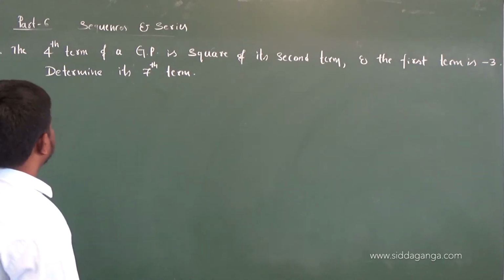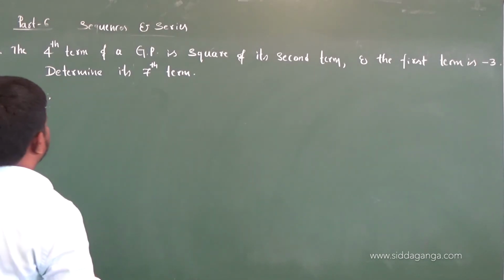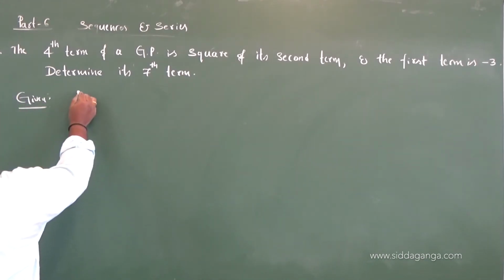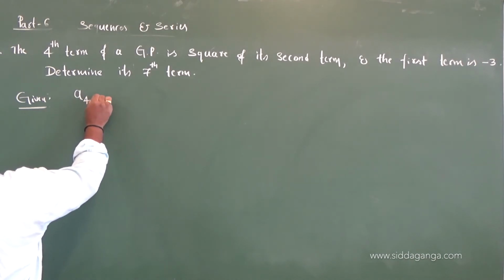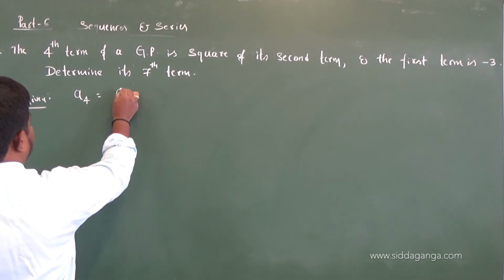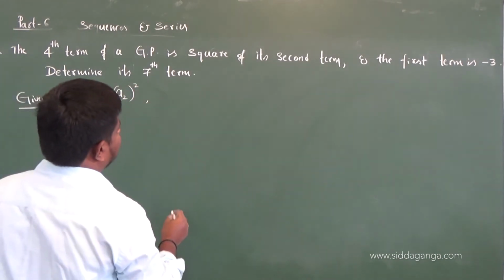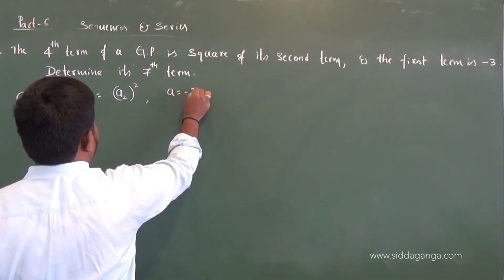Okay. Given, what is given? The fourth term of a GP, A4, is equal to the square of its second term, and the first term, A, is equal to minus 3. So what you have to find?